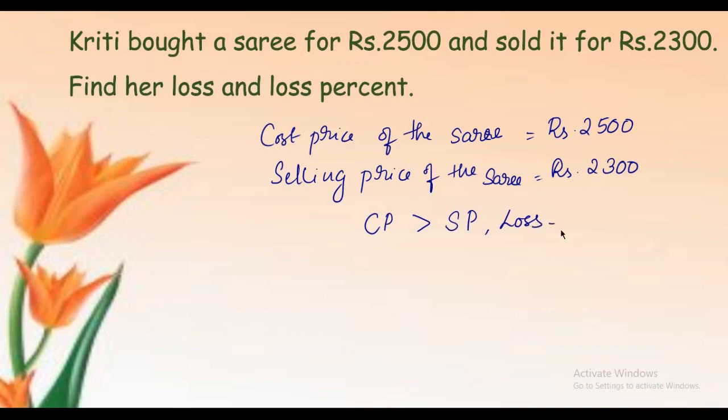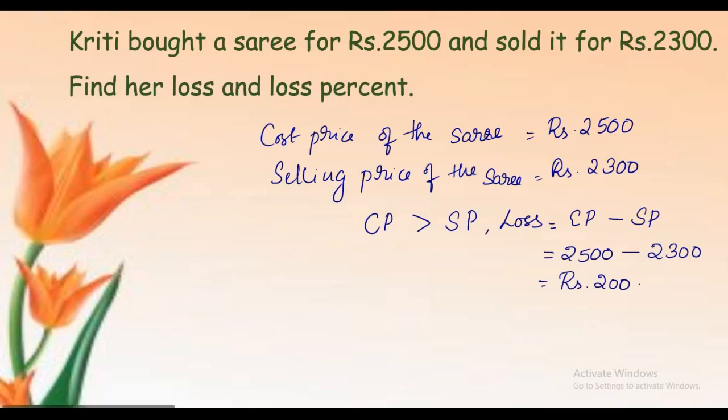And how much is the loss, or how to find the loss? Loss is equal to cost price minus selling price. Here the cost price is 2500 minus the selling price 2300. Therefore, rupees 200. So Kriti had a loss of rupees 200.